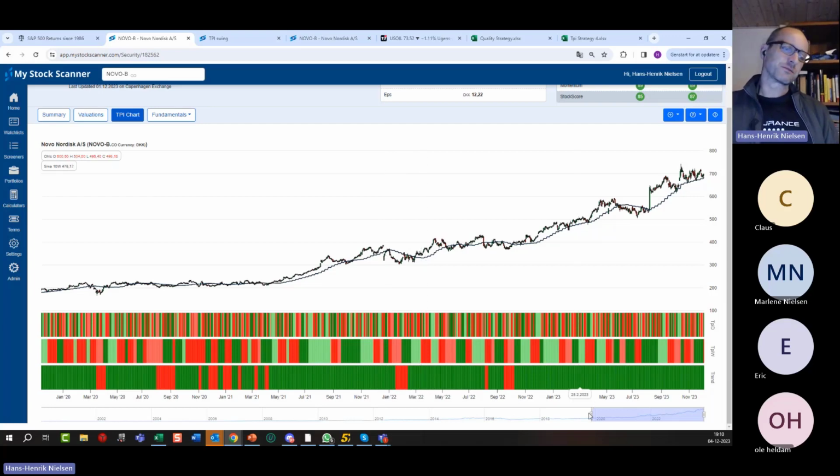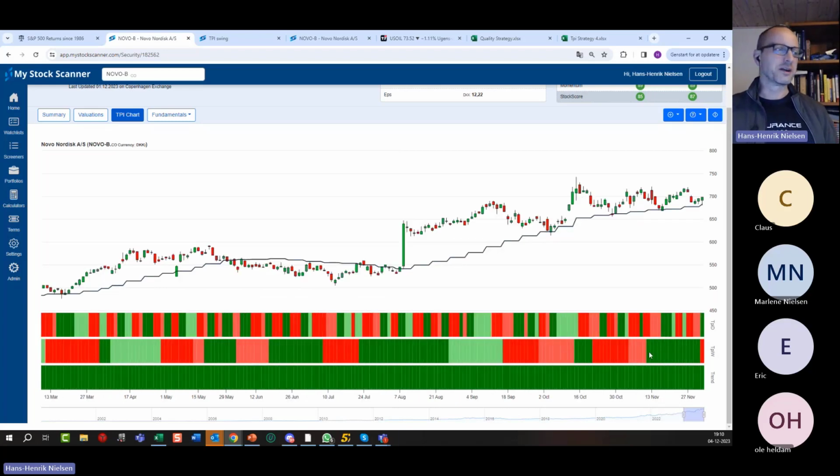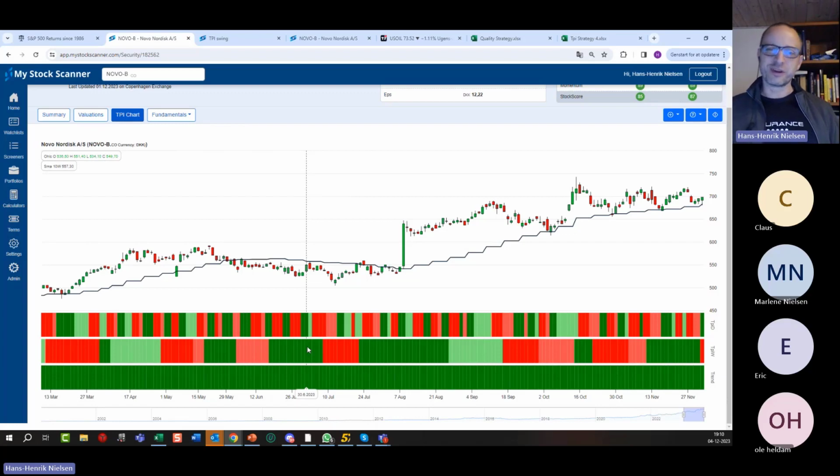Well, I can't, of course, spill all the details, but the basics of the TPI, no matter if you're looking at the daily, weekly, or a long-term time frame, is that we are taking the stock price of, for instance, Novo Nordisk here, and we are slicing it up into a lot of different time frames.